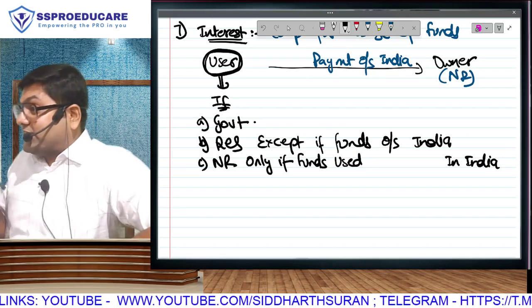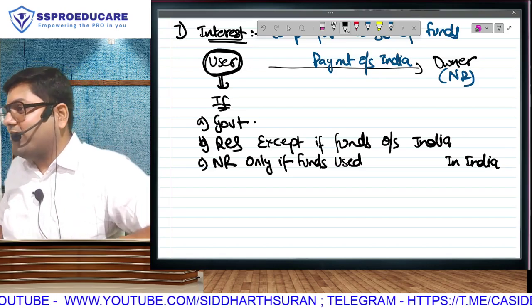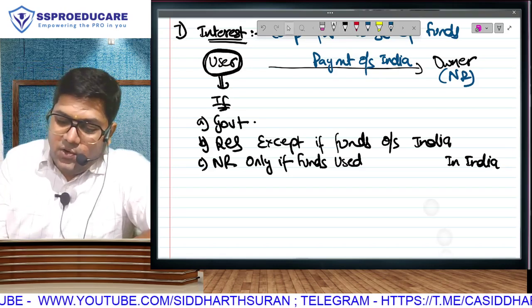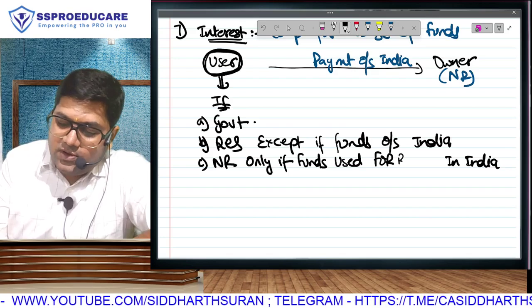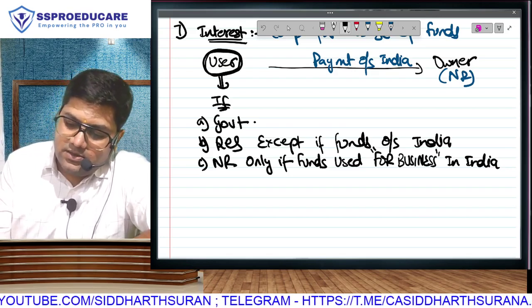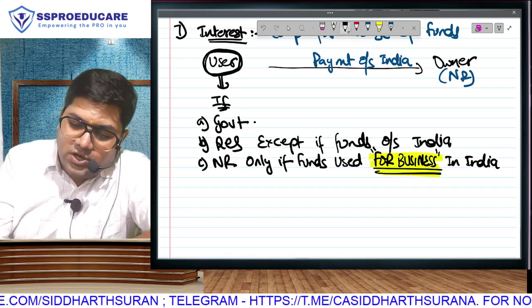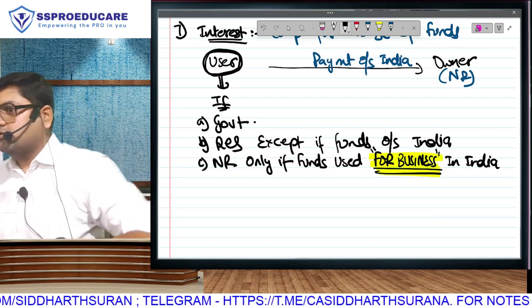Dekho, anything which is logical, you think with common sense you will get the correct answer without knowing the law. But I am telling you it is illogical. They are saying only if the funds are used for business in India. Which is wrong, rubbish, nonsense. Because we don't borrow funds only for business.